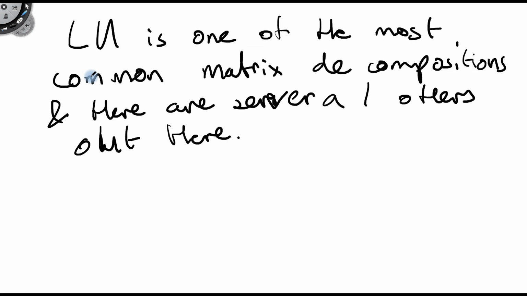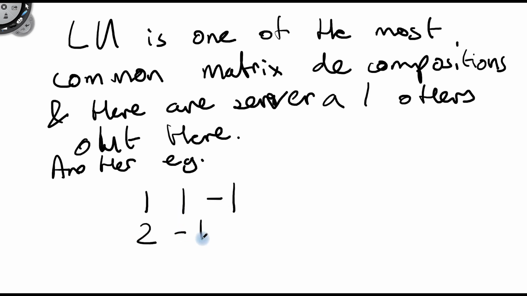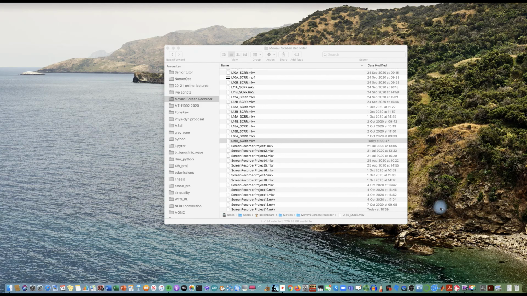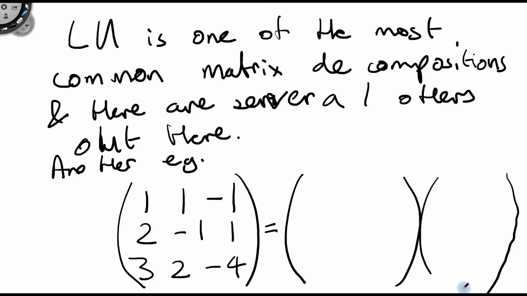So that's just another example from the notes. Another example is 3 by 3. And this can be decomposed thusly into, sorry about that, I think sometimes I go to the bottom of my board and it does that.